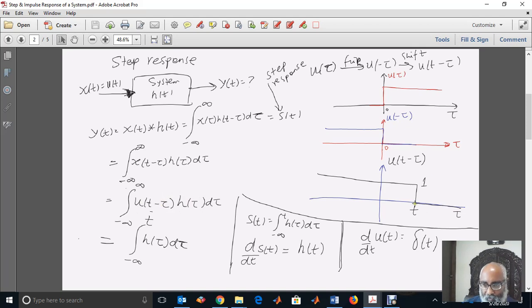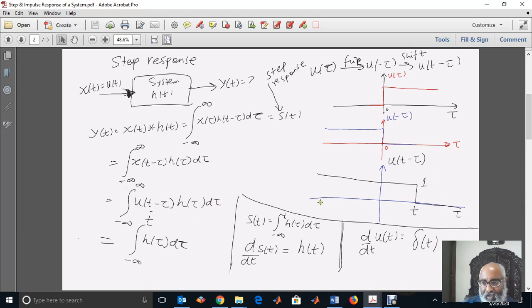So when we do the multiplication, whatever I have for h(tau), after tau greater than t, the product will be 0. Why? Because u(t minus tau) is 0 for tau greater than t. So the product of the multiplication will be 0.